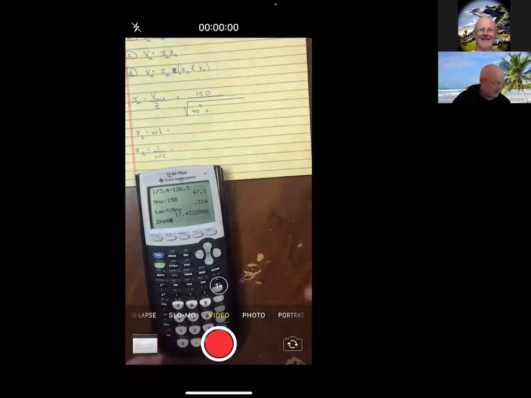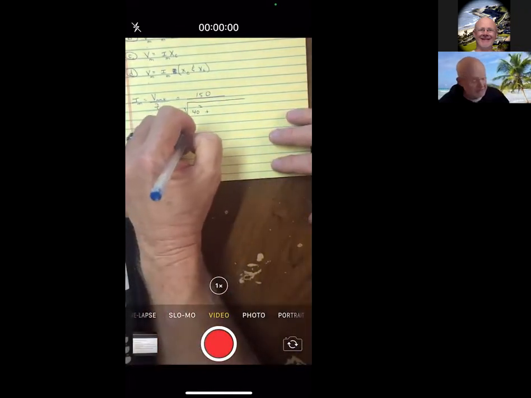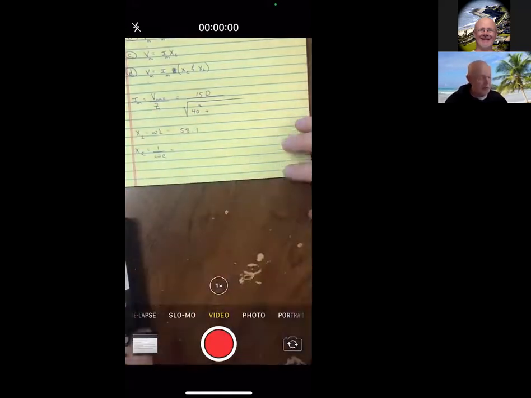This problem has a frequency of 50. And then the inductor is 0.185. So this is 58.1.